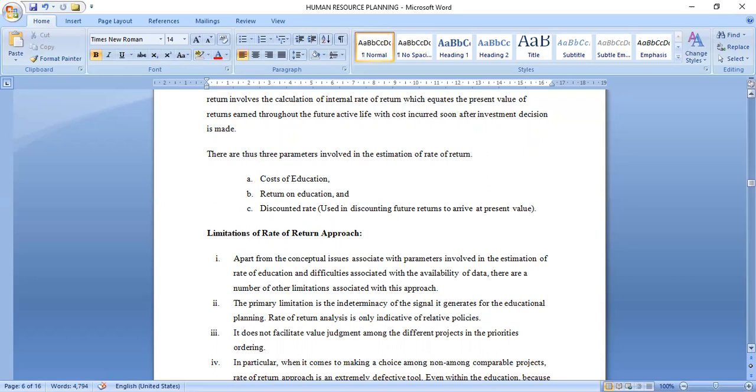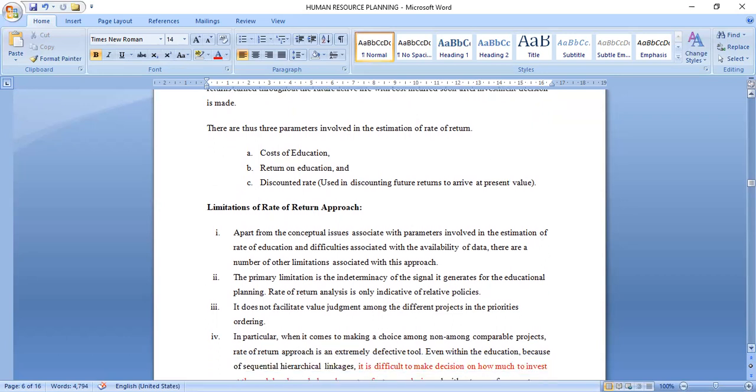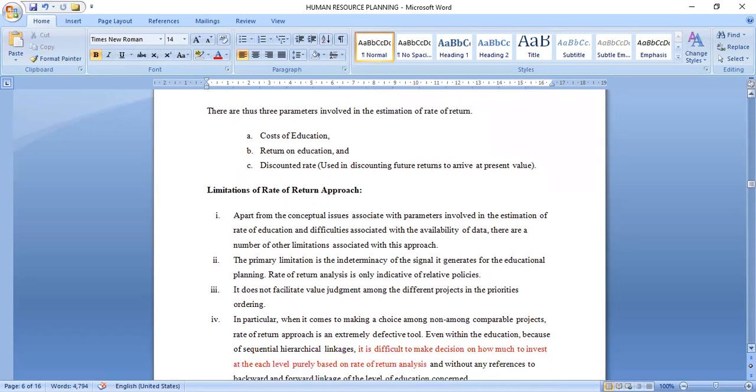And we have different parameters of measuring the rate of return of this educational planning. We can look at the rate of return in terms of costs of education, in terms of how much the government is spending on education.